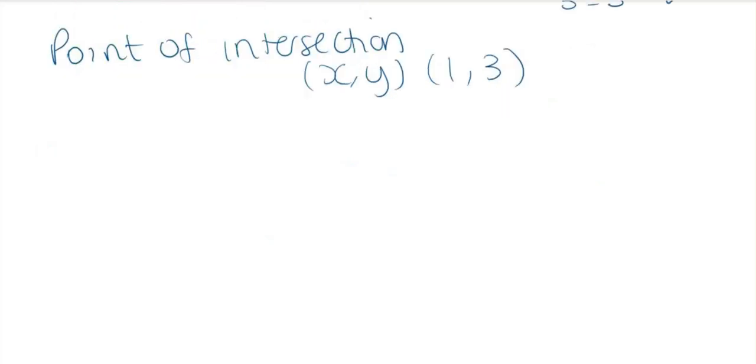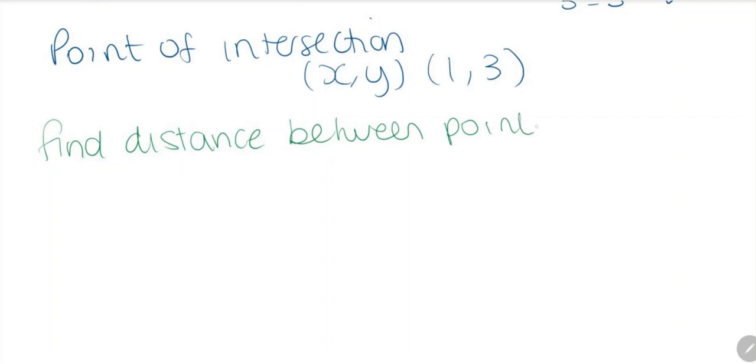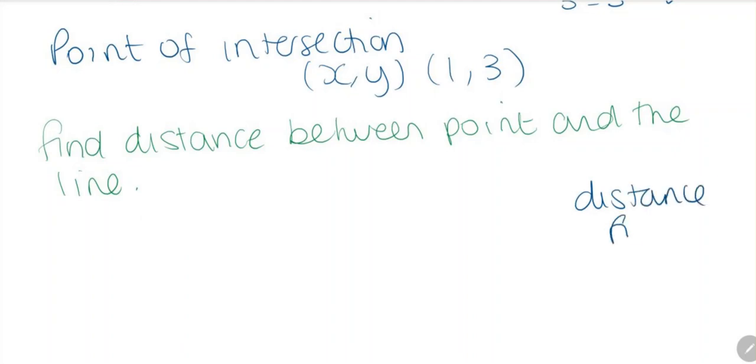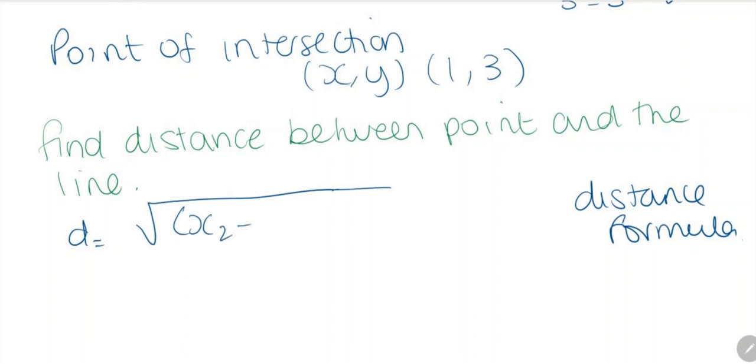Right, so what we need to do now is find the distance between the point and the line. So we're going to use the distance formula. The distance formula is the root of the difference between the x values squared plus the difference between the y values squared.